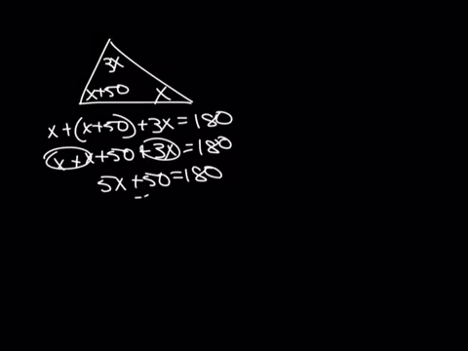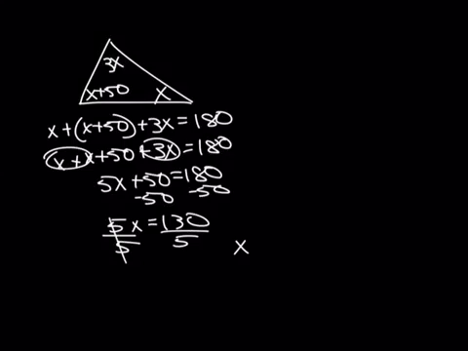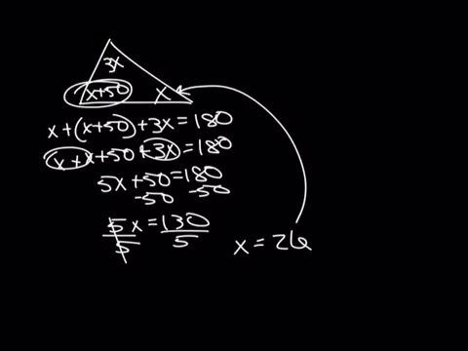And subtract 50 from both sides. I get 5x equals 130. Divide by 5. Divide by 5. And we get x equals 26. So if x equals 26, then 26 plus 50 will give us that angle. 26 times 3 will give us that angle, and when we add up all three of those angles, we better get 180 degrees.